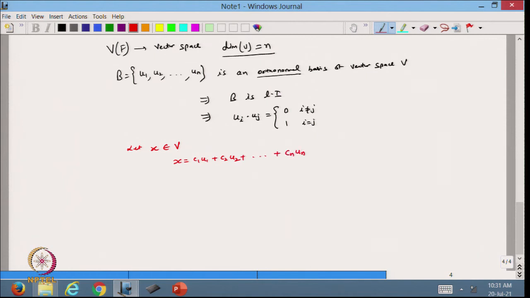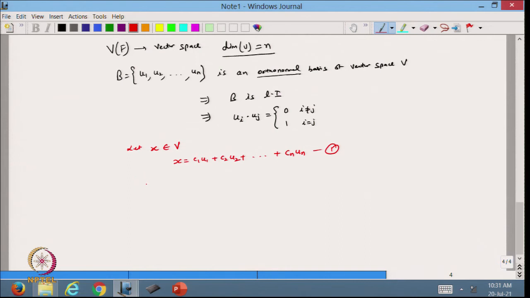I can write this linear combination because these are a basis, and I know that this will be uniquely determined. So, we need to find the values of c1, c2 and so on. So, I call this equation 1.